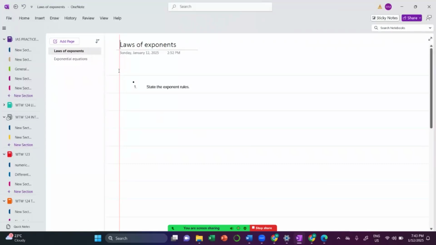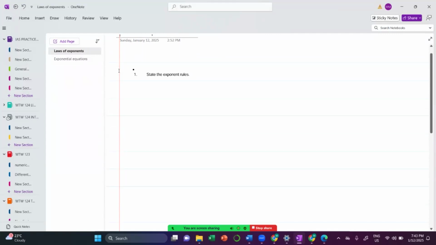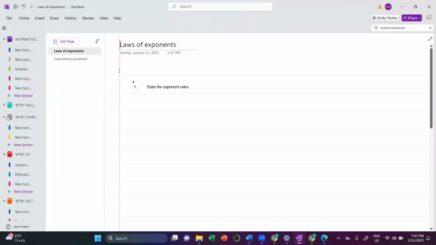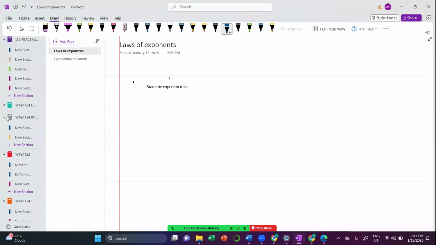So guys, I think from grade 9 and grade 10, you guys are familiar with laws of exponents, right? You guys are familiar. So can you guys see my screen? Yes, you can see. Let me check. Can you see what I am writing? Let me draw here so that I can check.